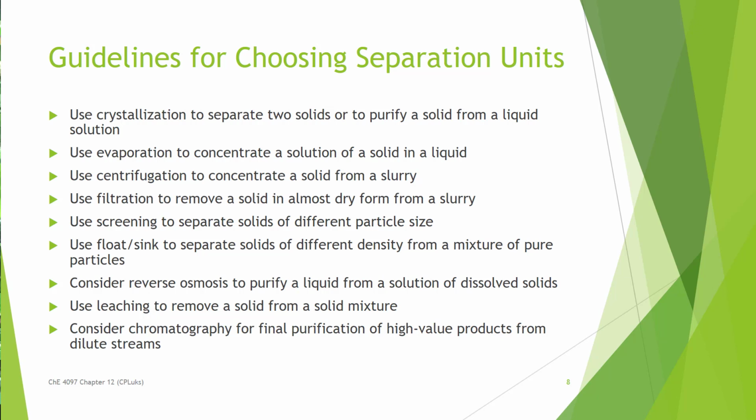You can also float or sink solids that are of different densities so that you can get pure crystal particles. Reverse osmosis is useful for purifying a liquid from a solution of dissolved solids. And leaching is used to remove a solid from a solid mixture. Chromatography is often a final purification step for high-value products from very dilute streams.